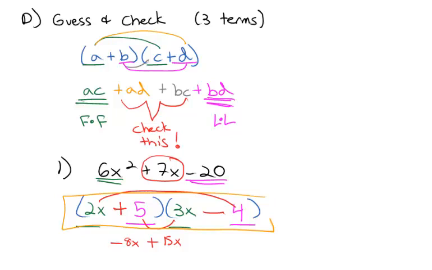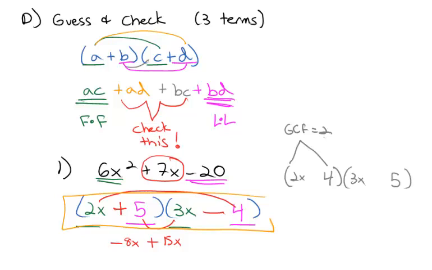By the way, a nice little trick along the way is I knew not to do 4 and 5 because if I had put the 4 in the first factor, off to the side here, we had 2x and 3x. If I had put the 4 in the first factor and the 5 in the second factor, notice that would have given me a GCF of 2 in the first factor.